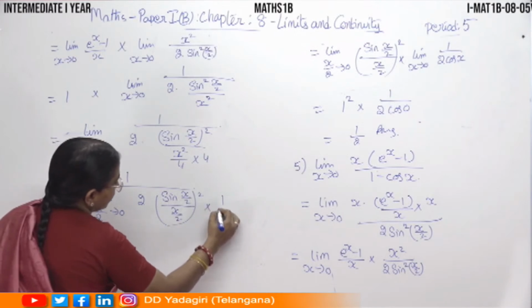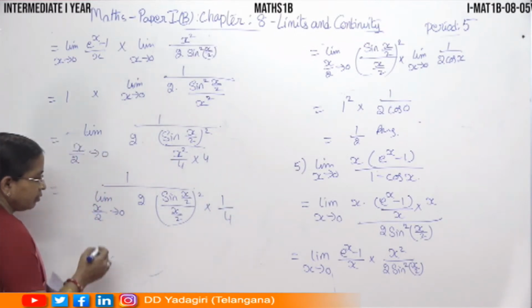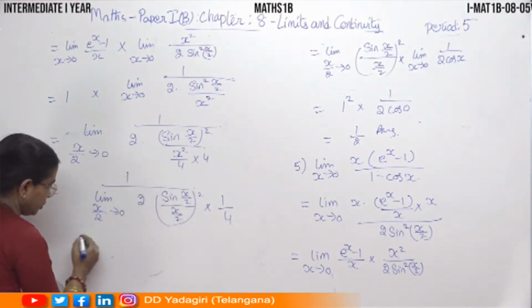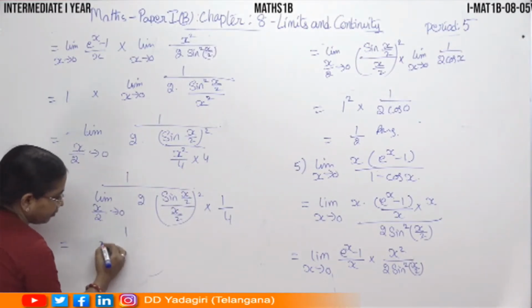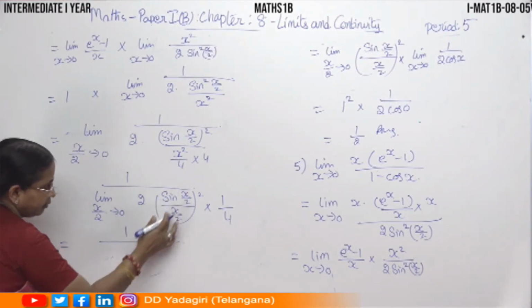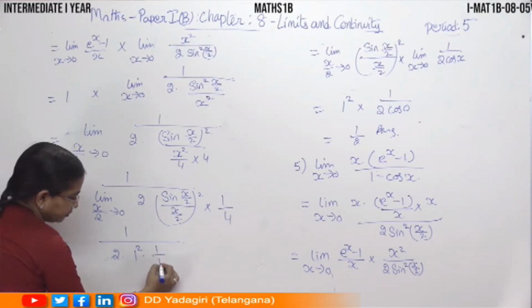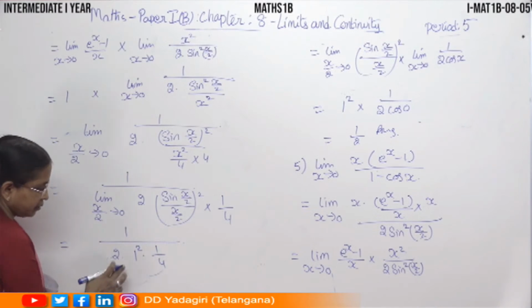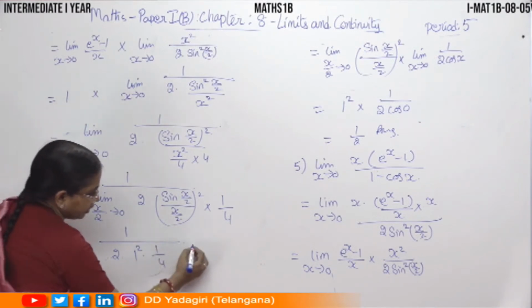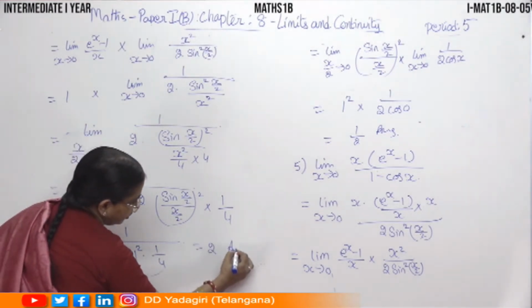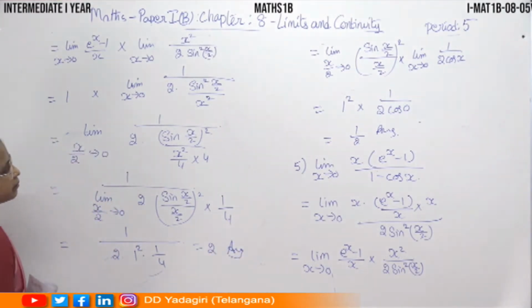So now this 4 actually goes to the numerator, or otherwise I'll write 1 by, this limit is 1. So 2 into 1 square into 1 by 4. So it is 1 by 2, and when it goes to the numerator it is 2. So the answer is 2, like this.